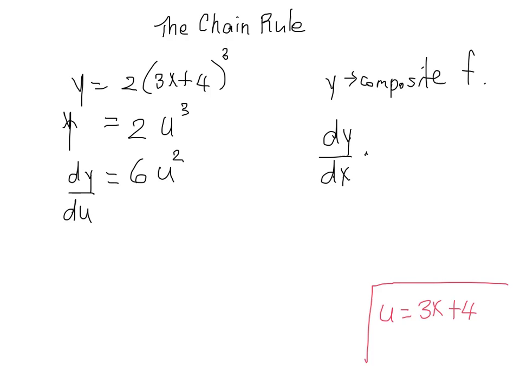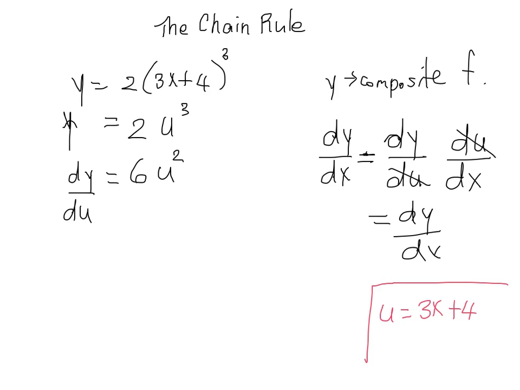If you find dy over du, and you find du over dx, essentially what you found is dy over dx. So dy over dx is the same as differentiating y with respect to u, which we already did over here, and multiplying it by the derivative of u with respect to x, which we're about to do now.